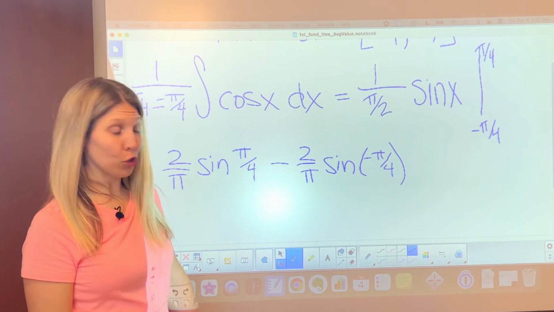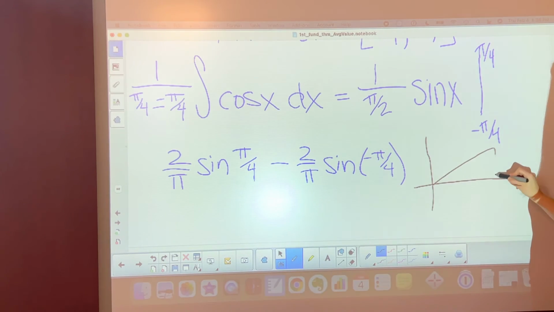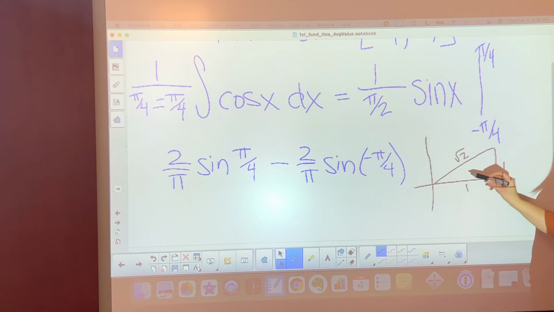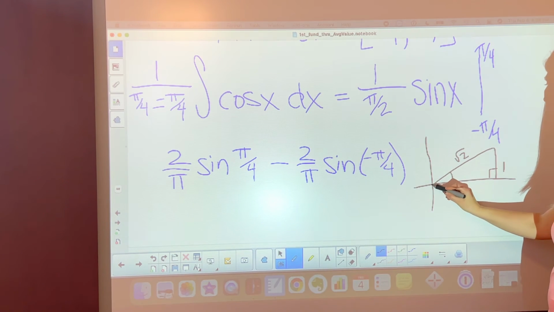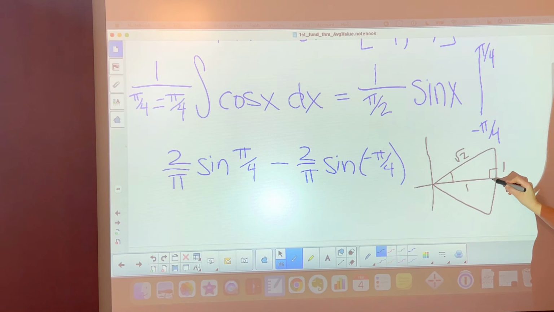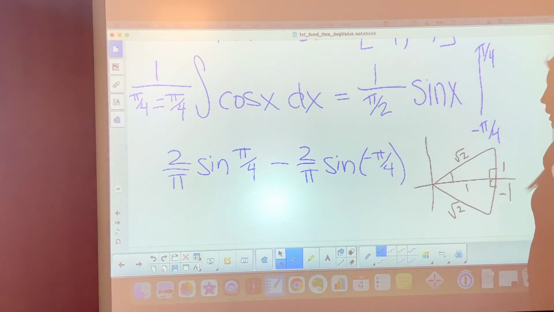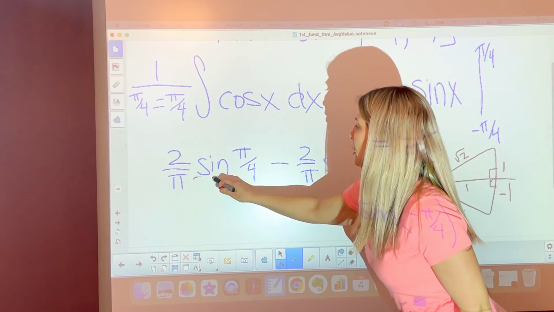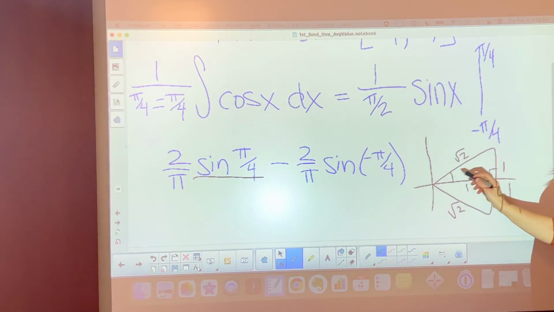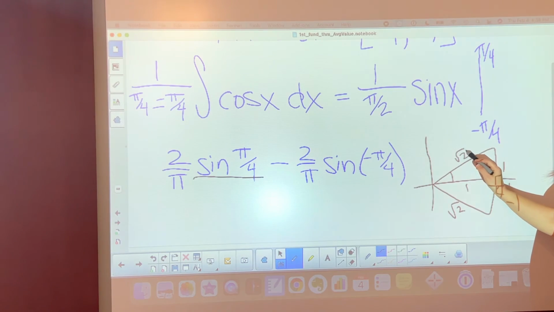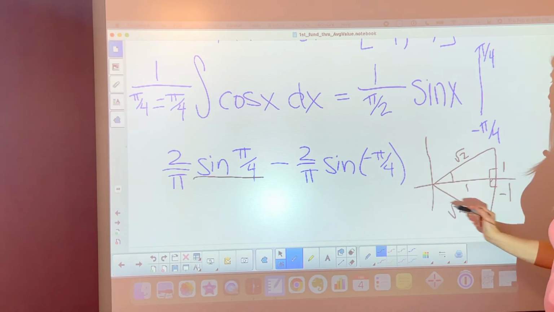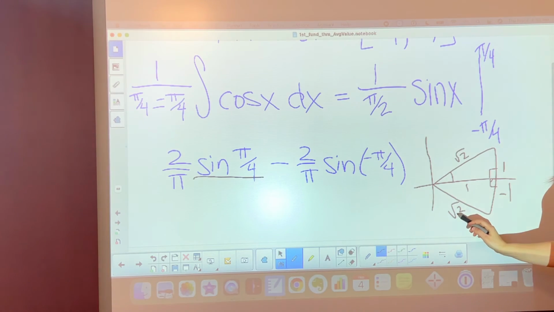Triangles are in your future. Here's our triangles, right? Our 1, 1, square root of 2. That's our pi over 4. And then down here is your negative pi over 4. So -1, square root of 2. Now we want our sine value of pi over 4. So sine is going to be 1 over the square root of 2. But negative pi over 4 is going to give us negative 1 over the square root of 2.